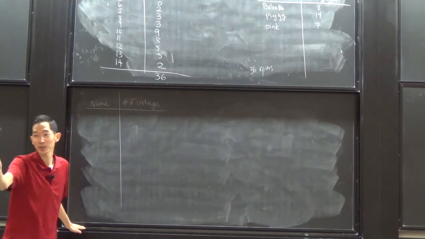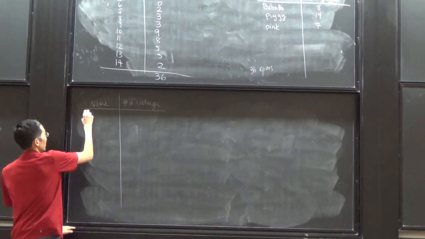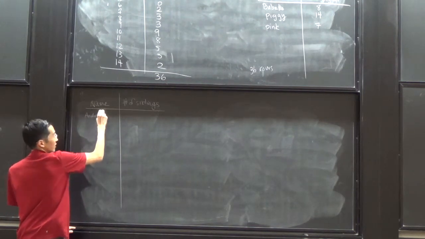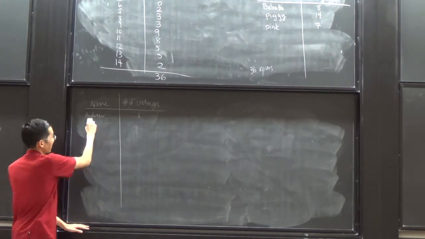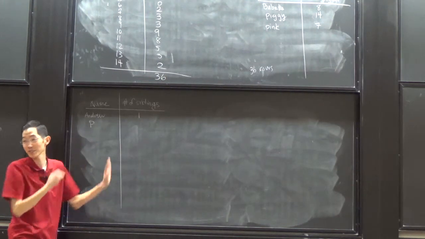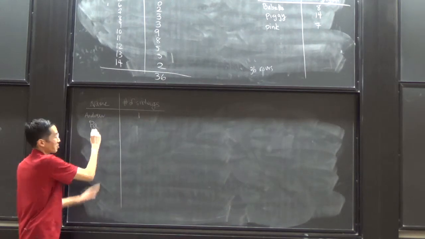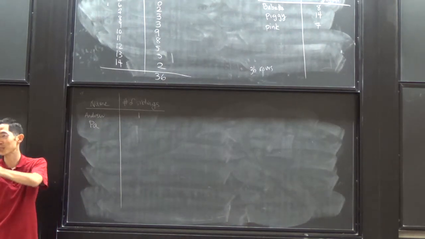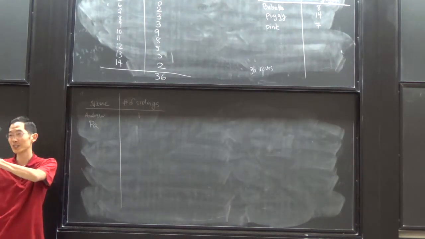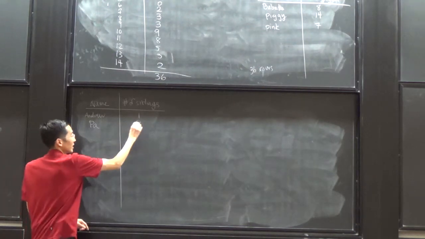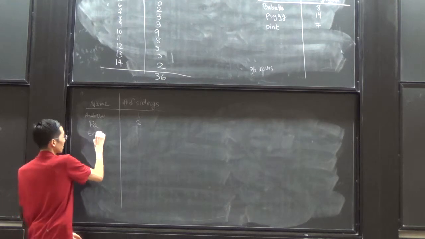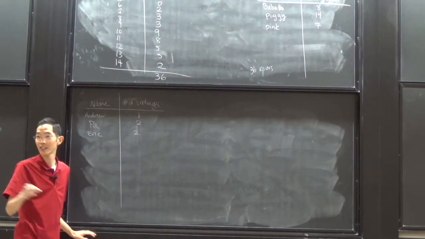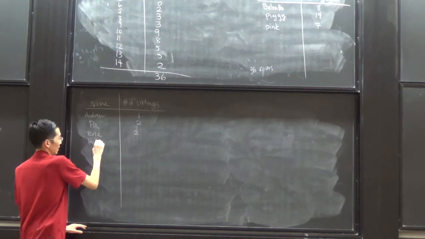Okay, so what's your name? Andrew. And how many siblings do you have? 1. And just for the sake of time, just tell me 2 siblings, okay? And then next, Eric has 2 siblings. Holly has 1.